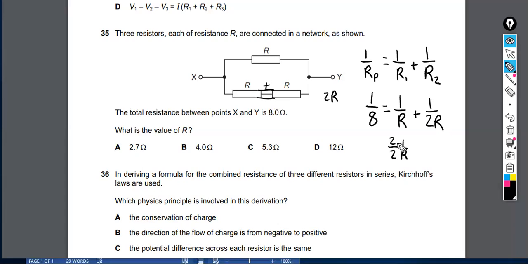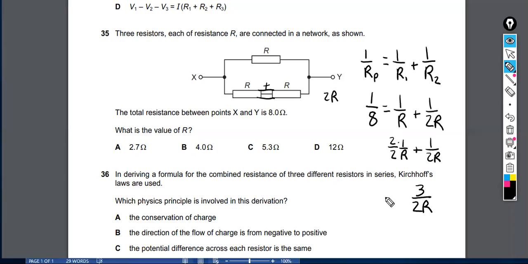So now I have 2 over 2R, same thing as 1 over R. So I have 2 over 2R plus 1 over 2R. 2 over 2R plus 1 over 2R is 3 over 2R, don't say 4R. Remember how to add fractions. The point of multiplying by this clever 1 that I've chosen is to get the common denominator so I can add them.